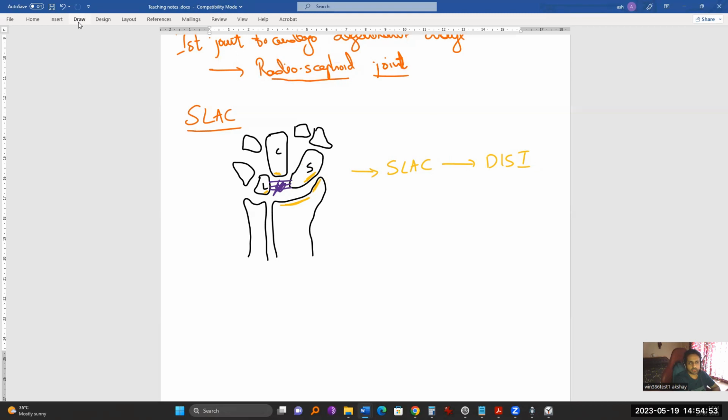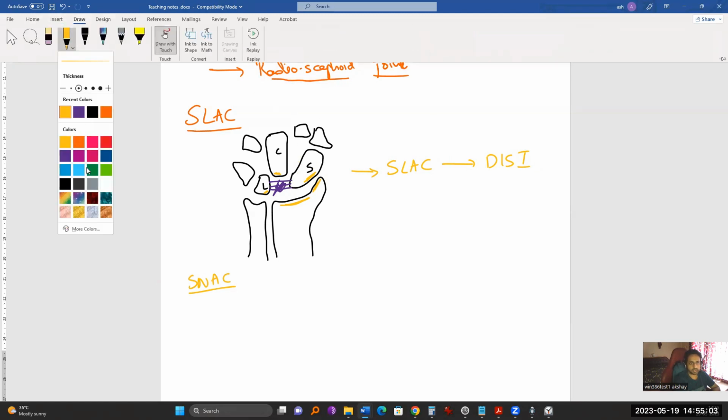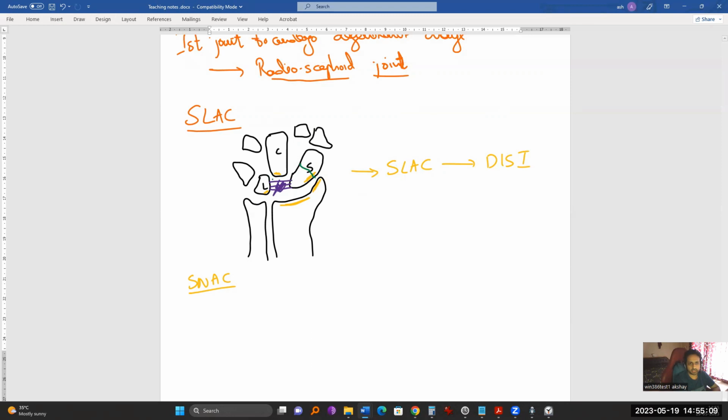And in the case of a SNAC wrist, there is a fracture of the scaphoid. There is no ligament disruption, but there is a fracture of the scaphoid. The lunate will be in close proximity to the scaphoid, because there is no ligament disruption.